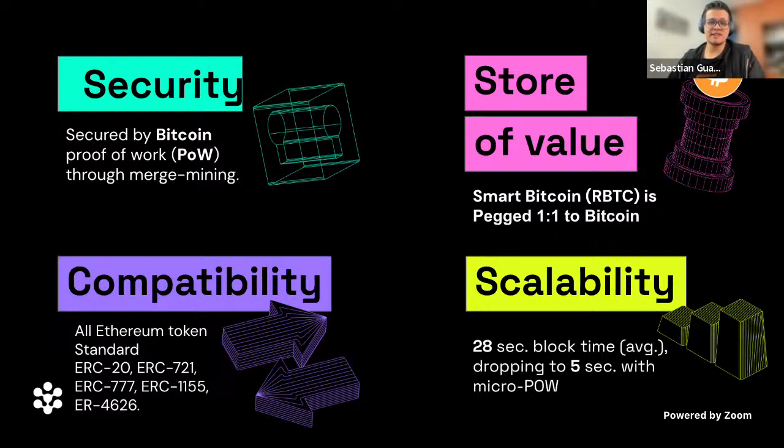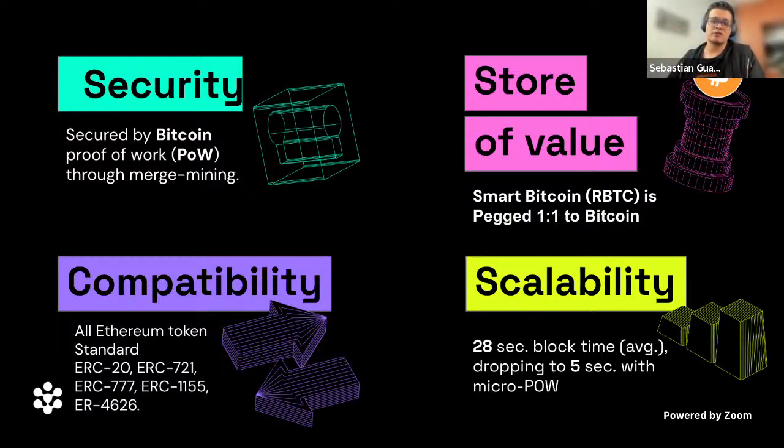The second, the store of value. In Rootstock, the gas is paid in a coin called RBTC as the native token. This one can be accessed by the PowPeg in a secure, permissionless and uncensorable way, and is pegged one-to-one to the Bitcoin coin.